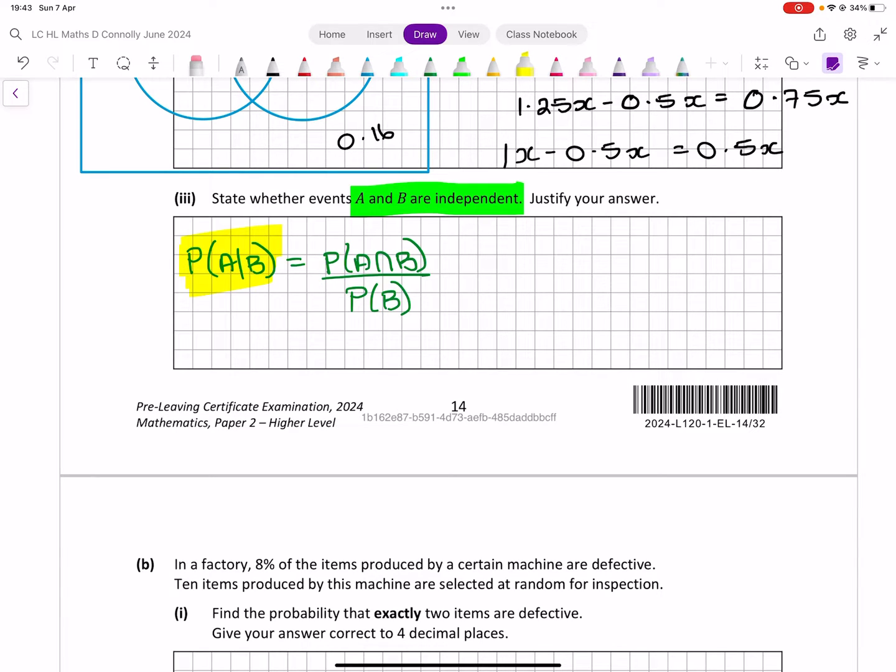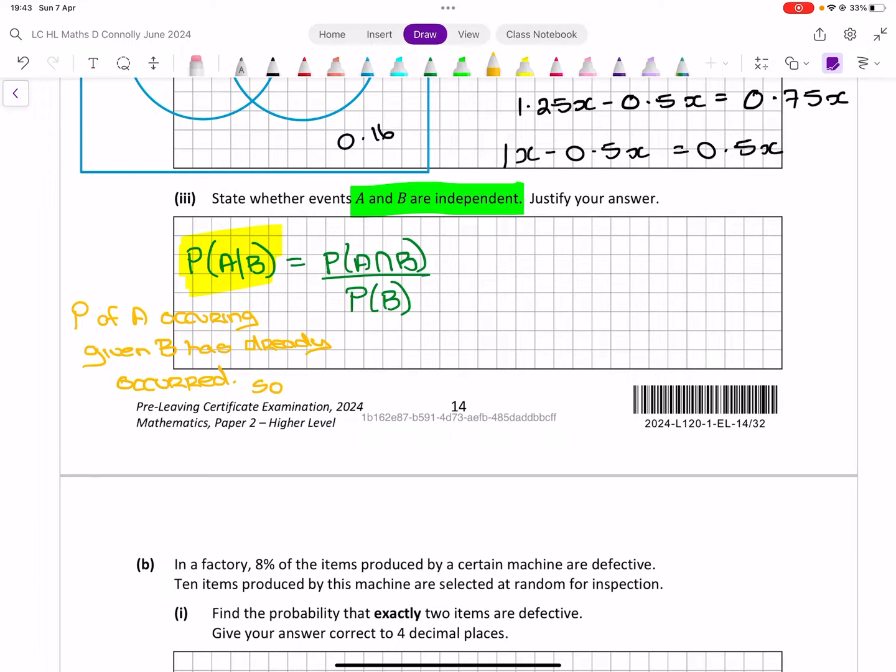This one then is the probability of A occurring given B has already occurred. That means whatever happens in B has an effect on A. But if they're independent, that's not the case.